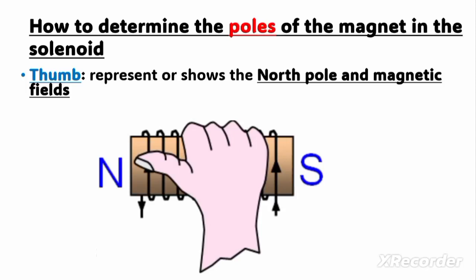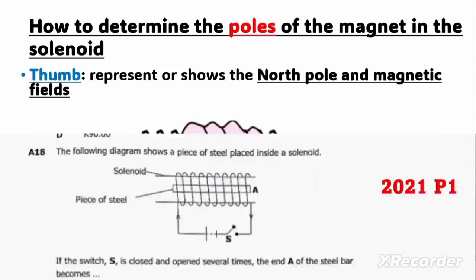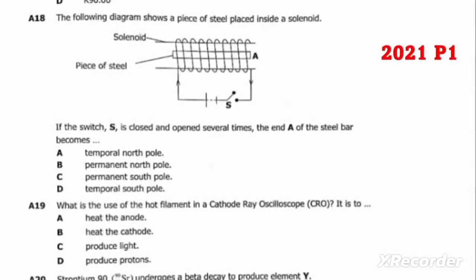To appreciate the importance of what we have learned, we are going to answer this question, which is coming from Science Paper 1, 2021. The question is question A18. The question reads: the following diagram shows a piece of steel placed inside a solenoid.